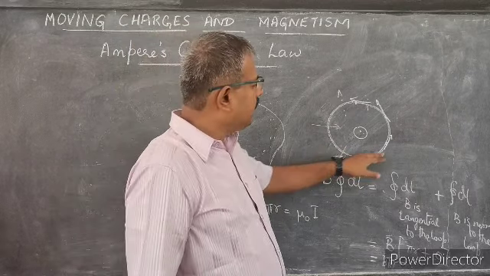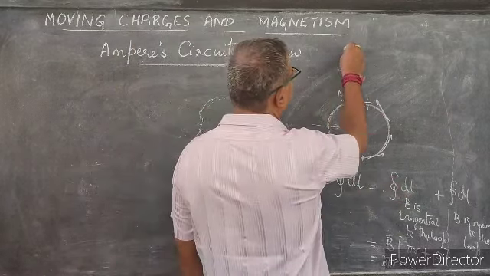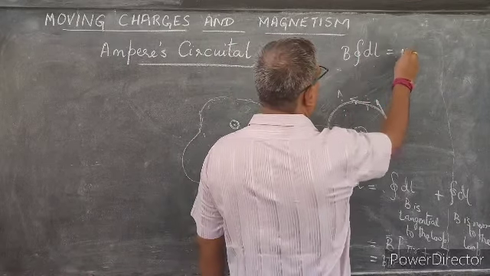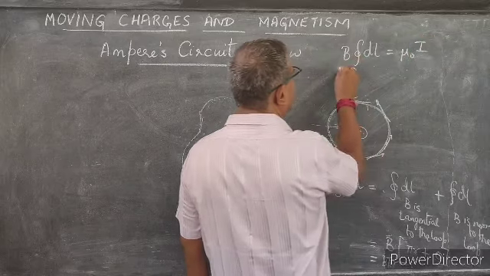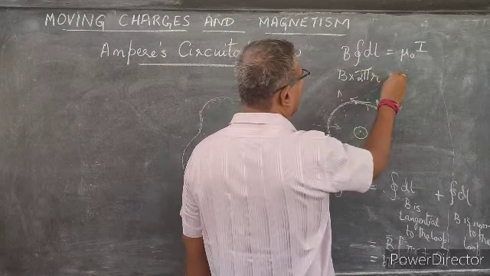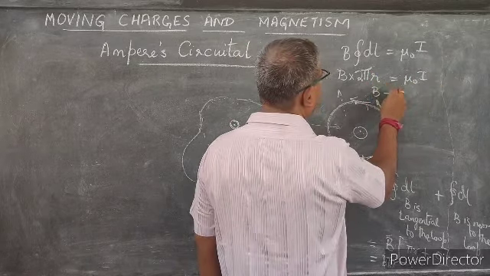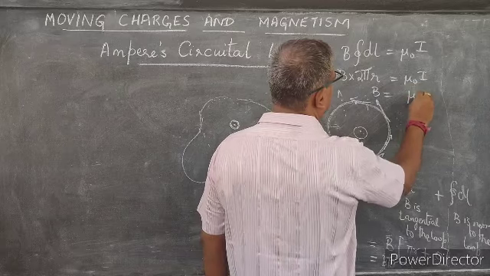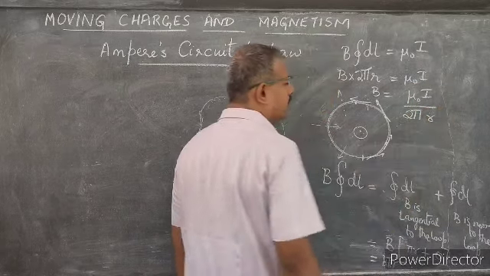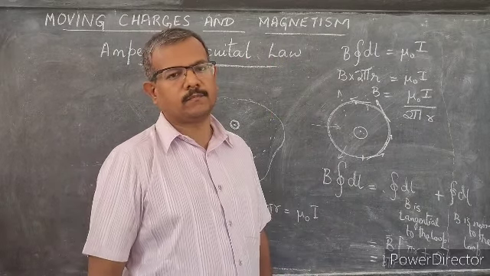Suppose it were tangential all across the circular loop, then the left hand side will reduce to B into 2 pi r equals mu naught I. So you can keep B on one side and your equation reduces to B equals mu naught I by 2 pi r.